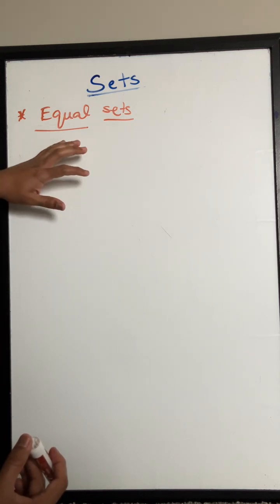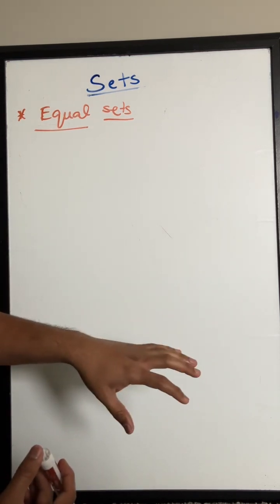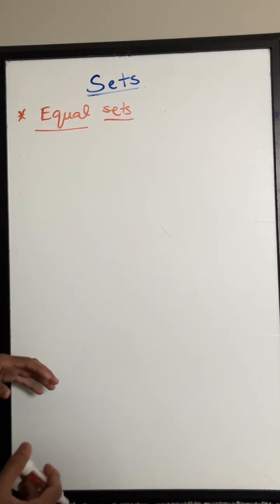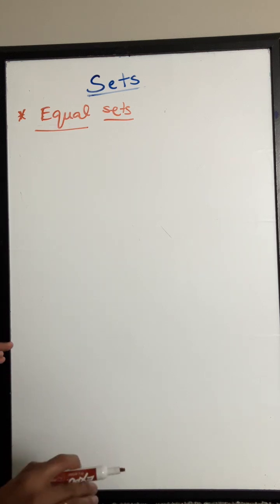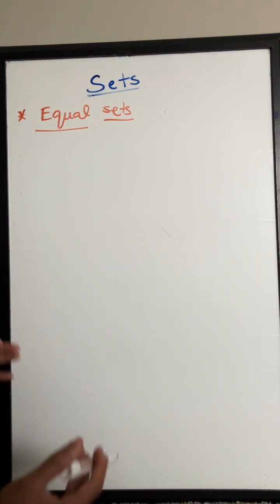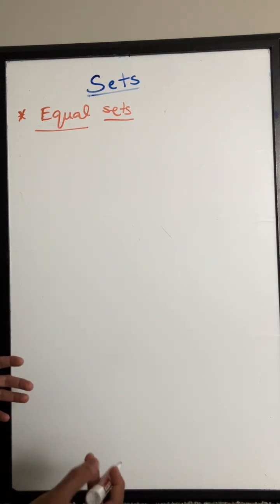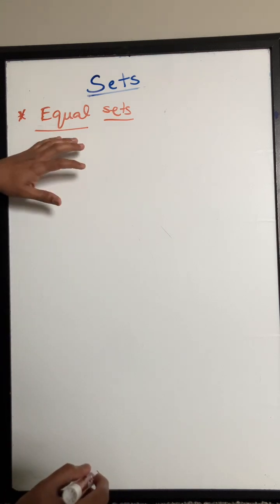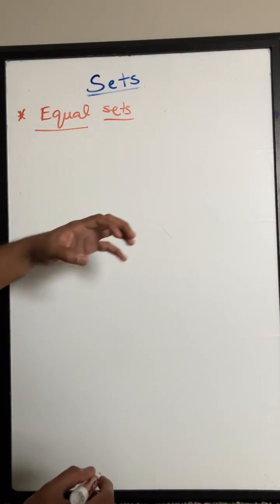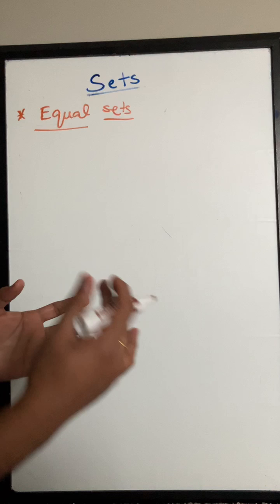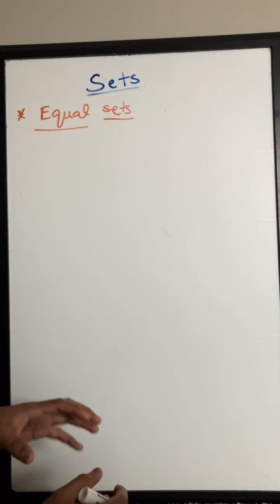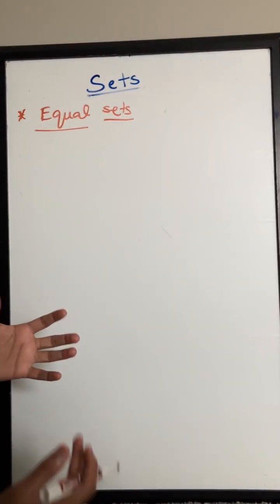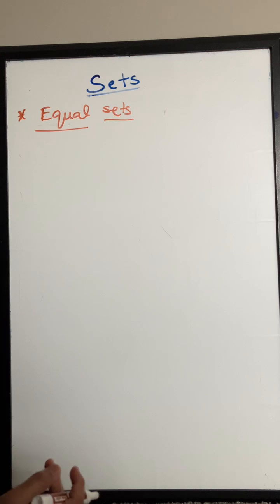So equal means you always need a second thing. You can't say I'm equal. You can say your height is equal to your friend's. That's why for equal, disjoint, all these things, you need to compare with somebody else. You can't be an equal set by yourself.